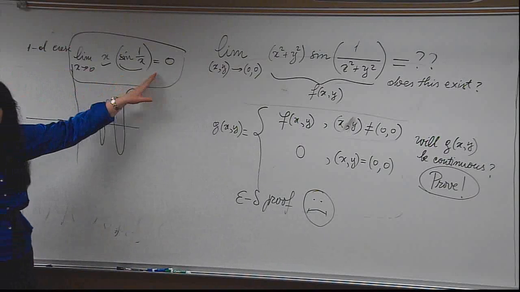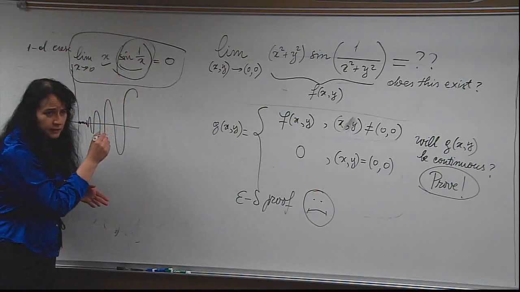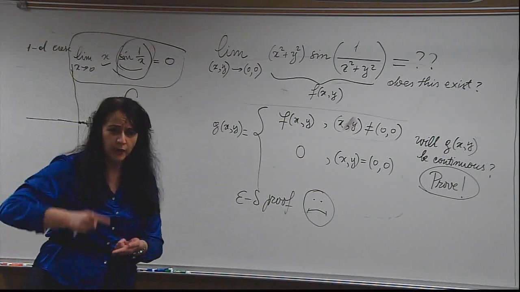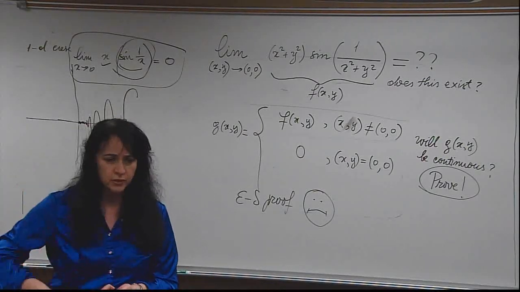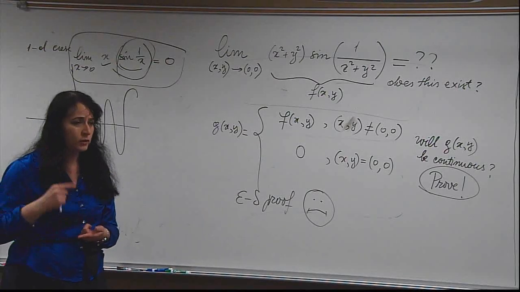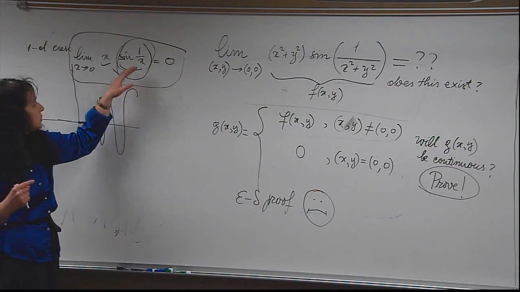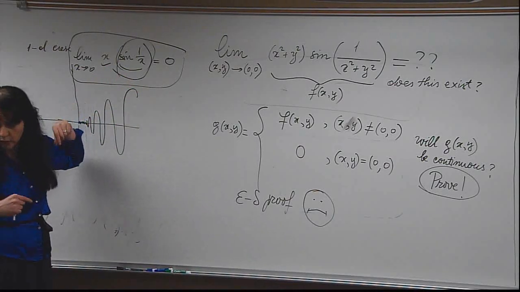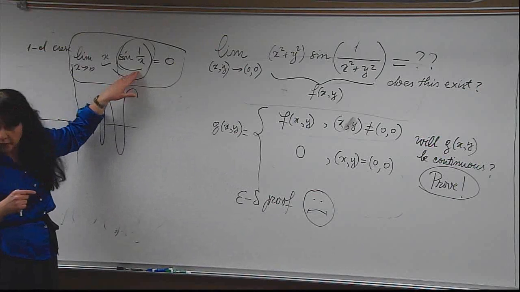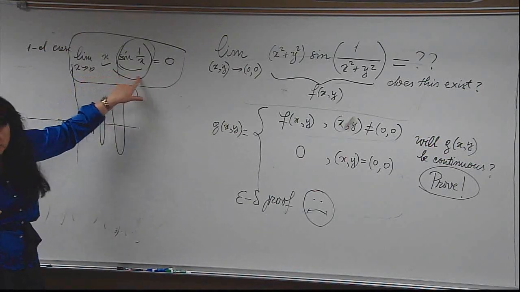How come this goes to 0? You say, but Magdalena, this guy is crazy, right? Sine of 1 over x goes between -1 and 1 infinitely many times as I go closer and closer, oscillating more and more rapidly. How is this guy taming this guy?